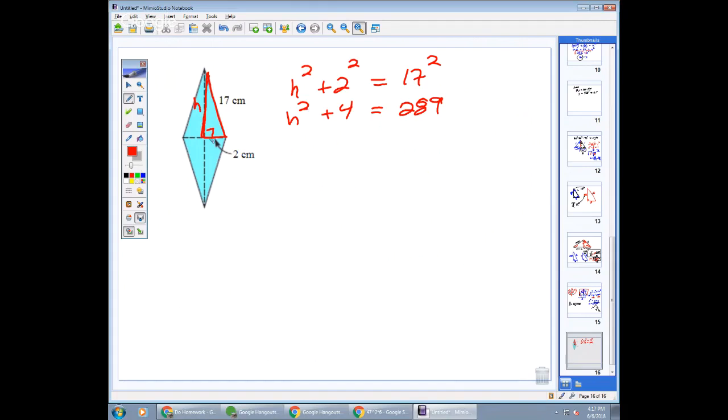I thought they just meant that part was 2. I assumed that in the first one, and I got the right answer. I thought that was unclear from the picture. They could have made that a little more clear. So subtracting 4, I get h squared is 285. So h is the square root of 285.